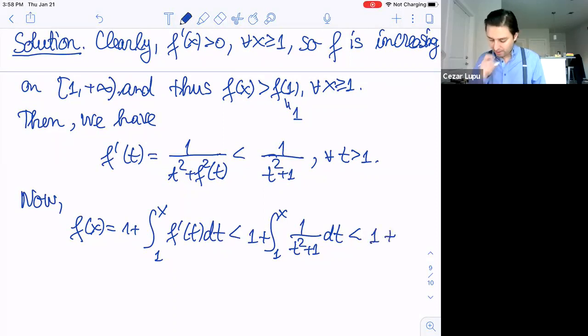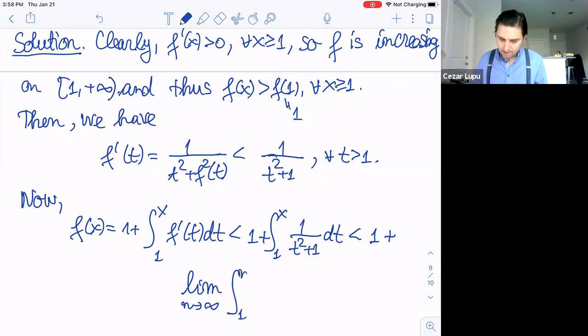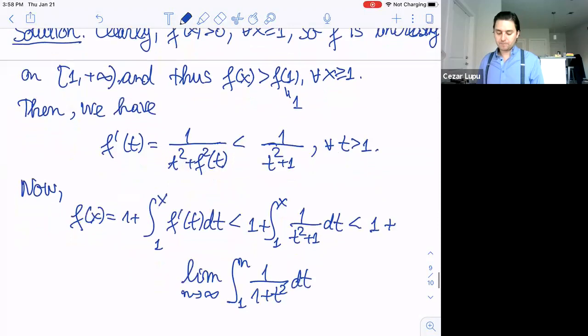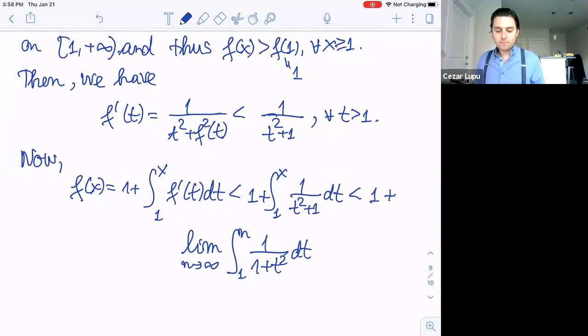So it's less than 1 plus the limit as n approaches infinity of the integral from 1 to n of 1 over 1 plus t squared dt. Because if you compute it, this will be the arctangent, so this will be 1 plus pi over 4.